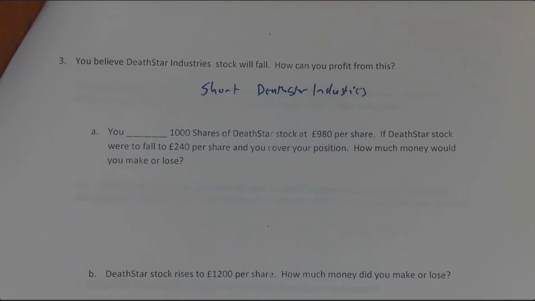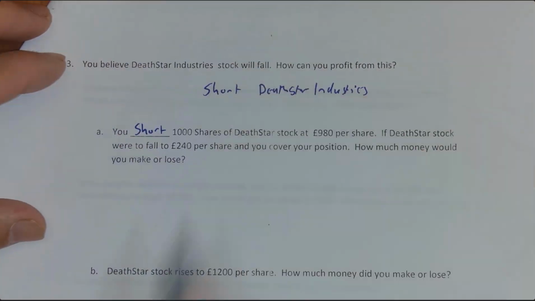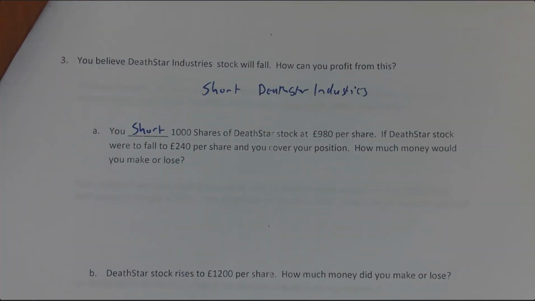In this example, we're going to short 1,000 shares of Death Star Industries at, well, I guess we're in pounds now, 980 pounds per share.